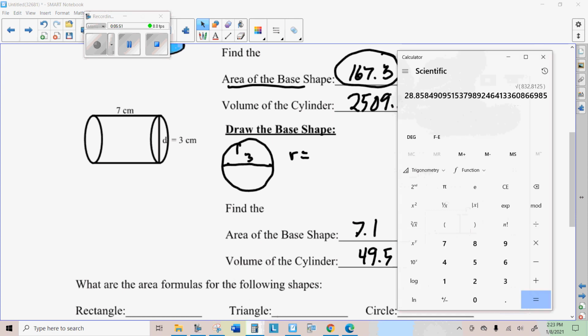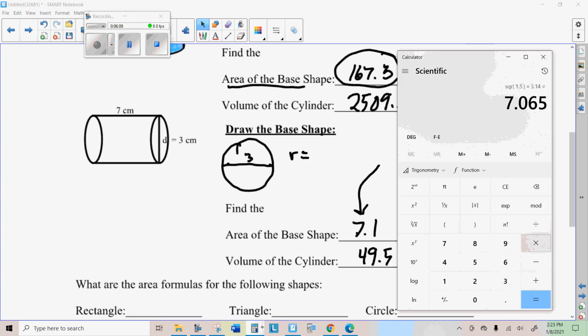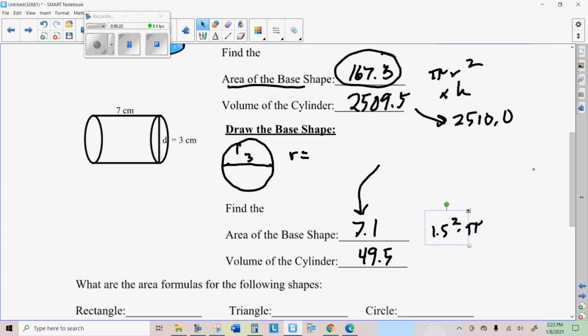But I did 1.5 squared times pi using 3.14. I got that answer. And when I put it on my sheet here, I rounded that, but I'm going to leave that in my calculator and just multiply that by the height, which is 7, right? And now I'm going to round that to 49.5. All right?